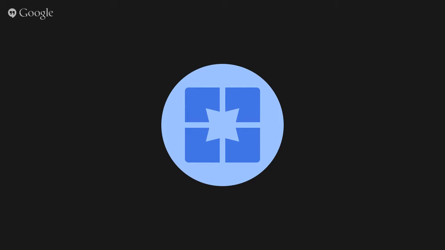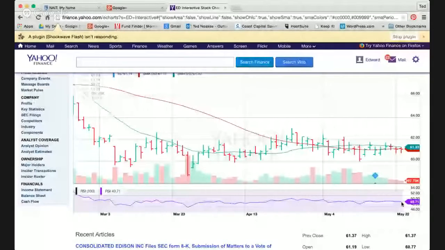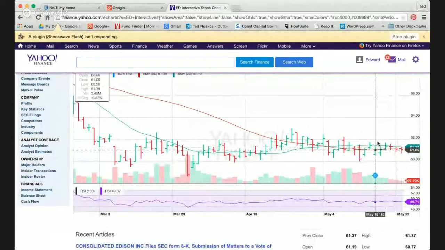Here the stock hasn't met the RSI criteria, hasn't met the 50-day moving average criteria, and hasn't met the 20-day moving average criteria, so in our action plan, we wouldn't buy it. If it does, then we would.